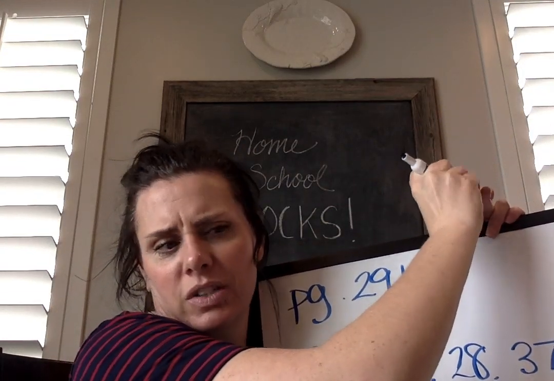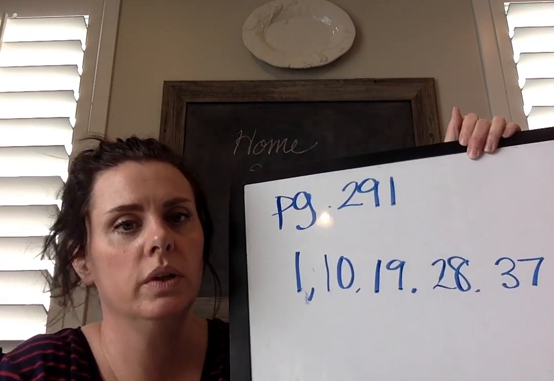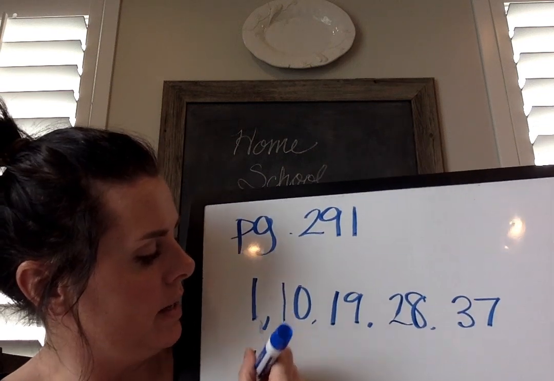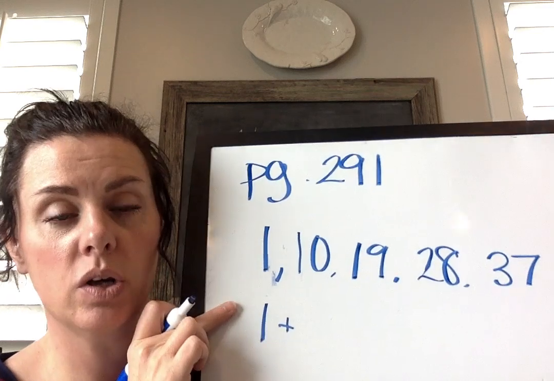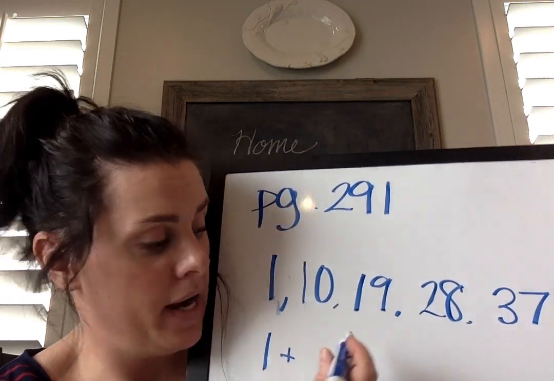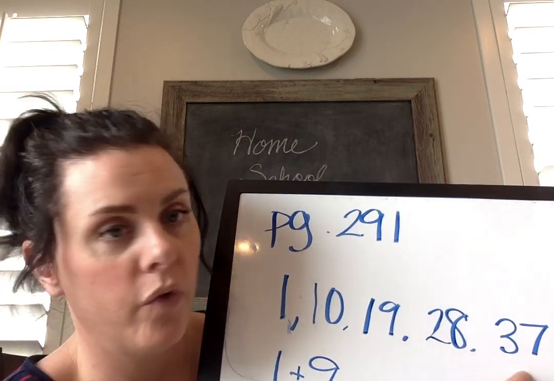Okay, so I'm going to just keep it on this same board. Ooh, don't leave me. Okay. The first one we can do is 1 plus, because we start with 1, right? We're showing what we start with. And then what did we add each time? 9. Okay, and we have 1, 2, 3, 4.